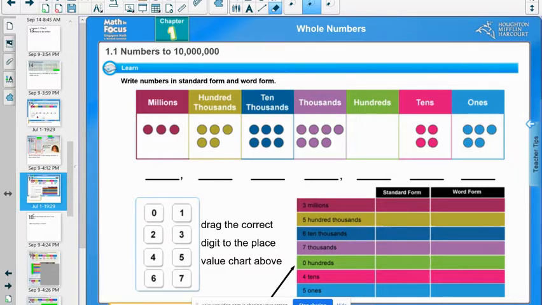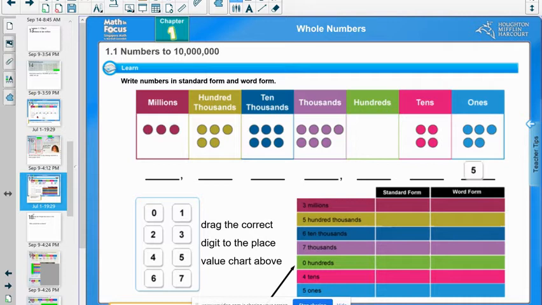Looking at periods, I've got millions, I've got thousands, I've got ones. So let's start. On the last slide, it talked about starting at the millions period. On this slide, I'm going to start at the ones. So how many ones do I have? I've got 5. So let's see if it'll allow me to drag and drop. Yep, there it goes.